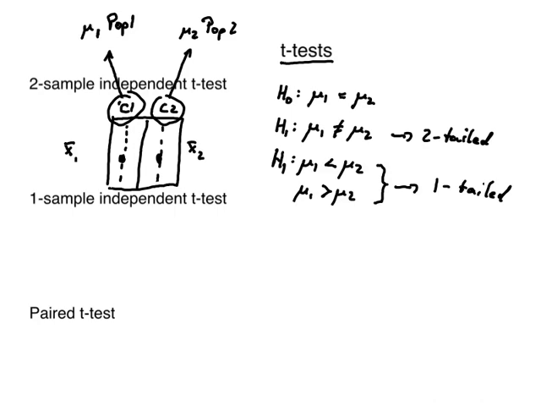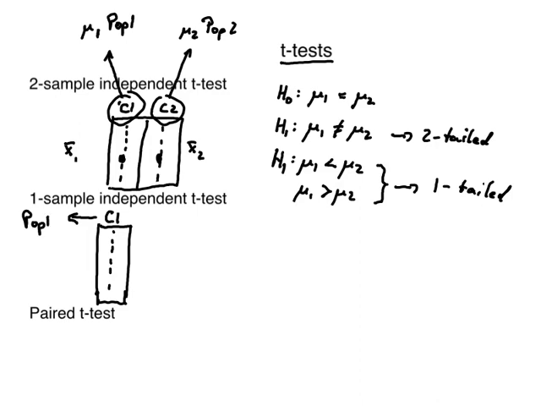Now in a one-sample independent test, as the name says, we have only one category, so with continuous data, that's our category 1, which is again drawn from a population 1.